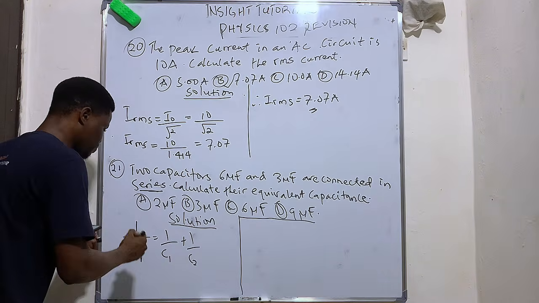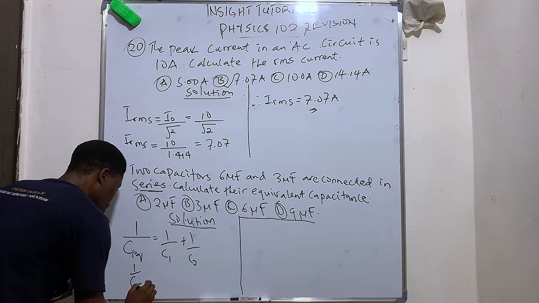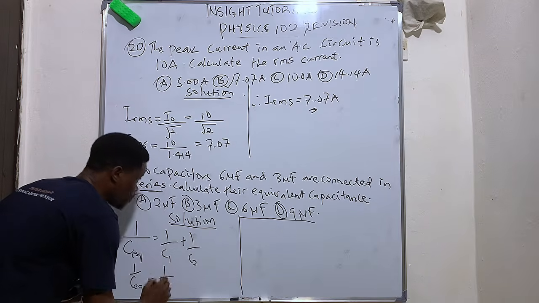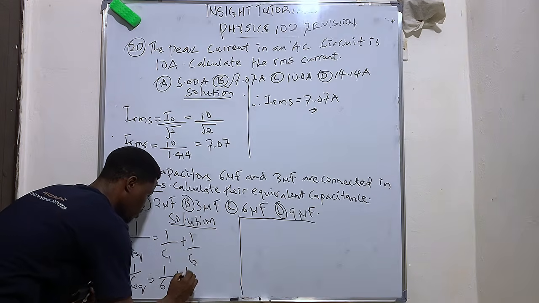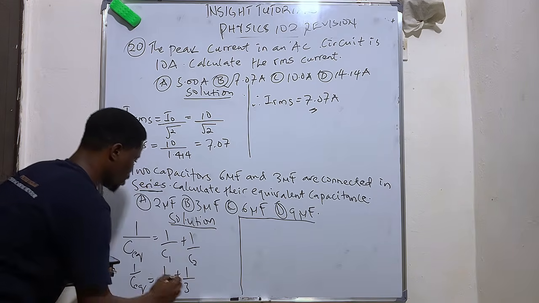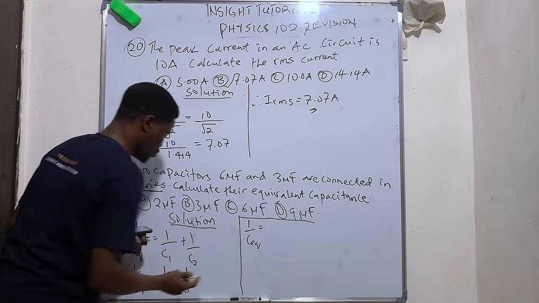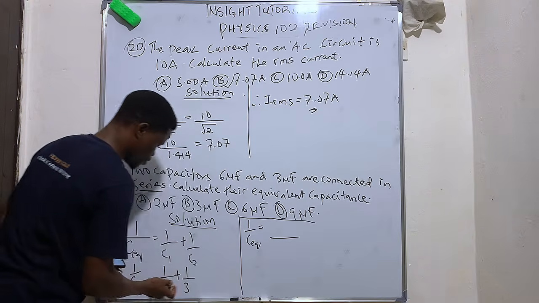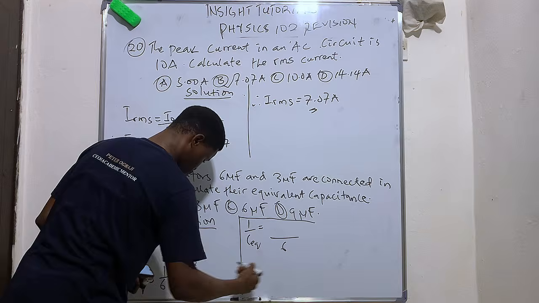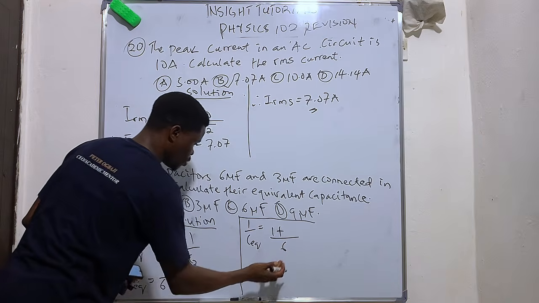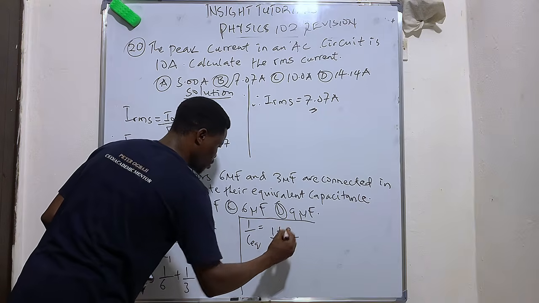Now, if you're dealing with this, 1 all over the equivalent capacitance is going to be 1 all over the first, which is 6, plus 1 all over the second capacitor, which is 3. If we find the LCM of 6 and 3, it's going to be 6. 6 divided by 6 is 1, 1 times 1 is 1, plus 6 divided by 3, that's going to be 2, 2 times 1 is 2.